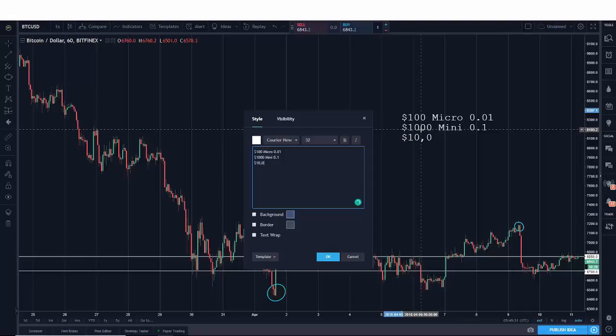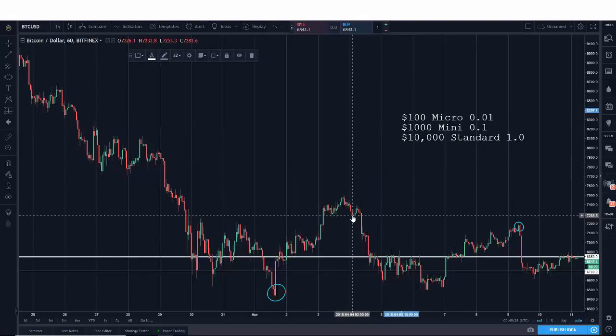If you're trading standard lots, that 1.0 default trade size when you first start using a demo account, same price movement occurred in the market, but now you're experiencing a $10,000 change in your account.